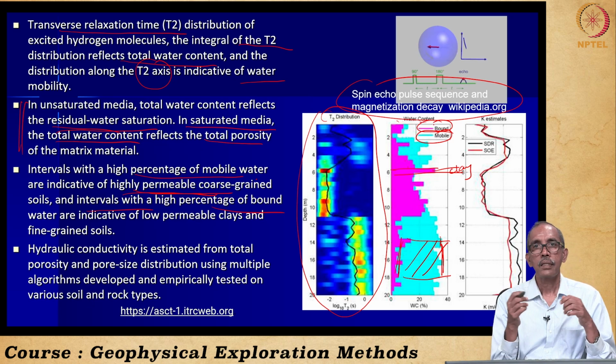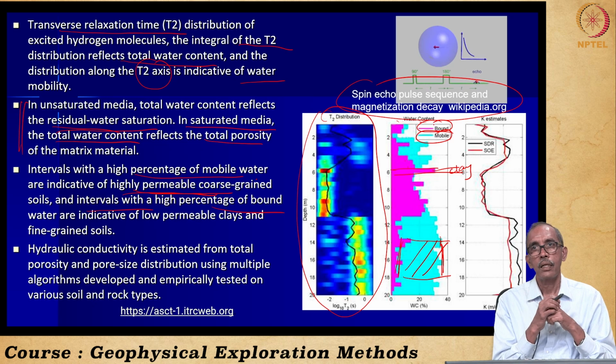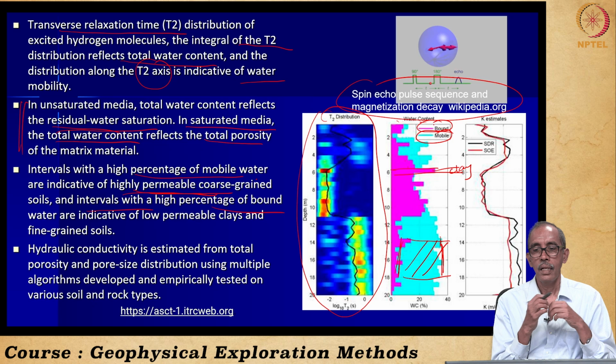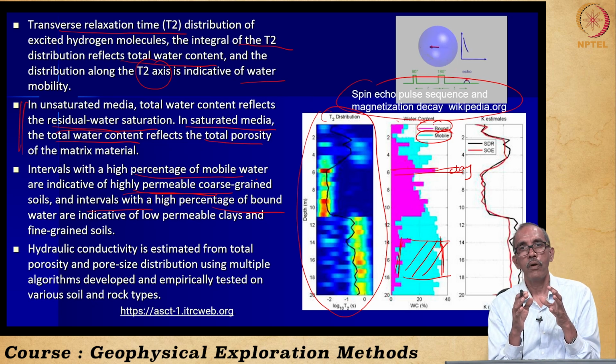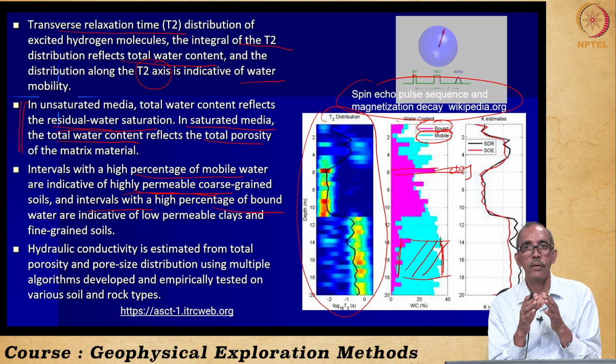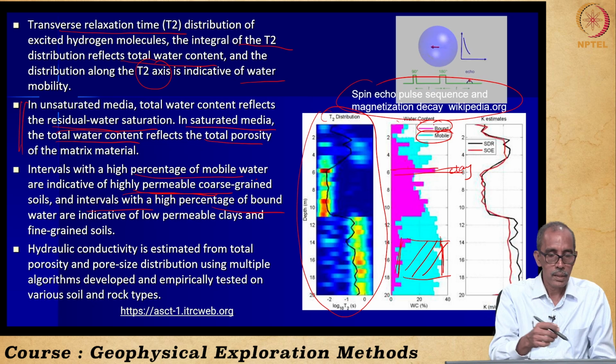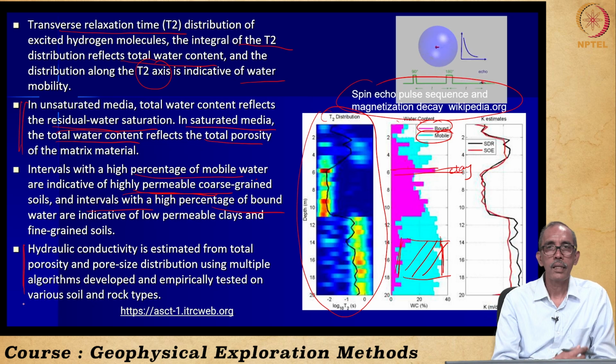So this is how nuclear magnetic resonance logging is helping us to understand whether the water in the pores is mobile water or bound water, and put together we are also able to get the total porosity of the formation. From the porosity, there are different algorithms available.